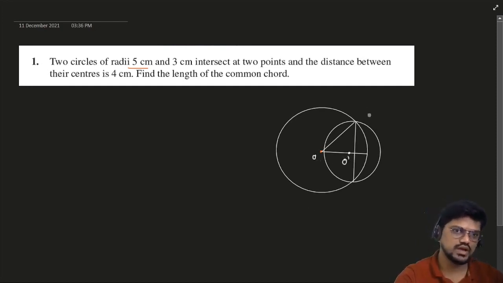O, O dash, then A, B, and C. And this point of intersection is D.